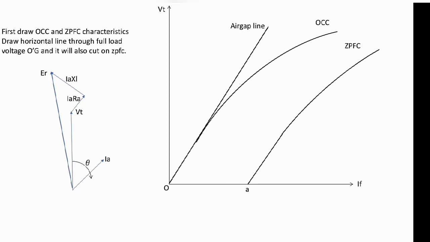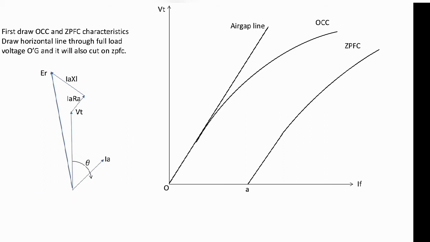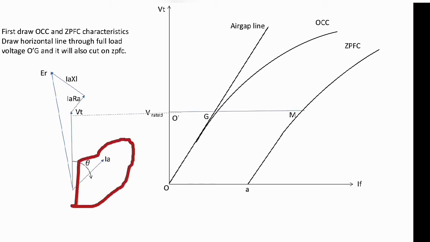This is the phasor diagram of this circuit, or of any alternator, where this is the lagging load, the lagging current actually. And this is the terminal voltage.